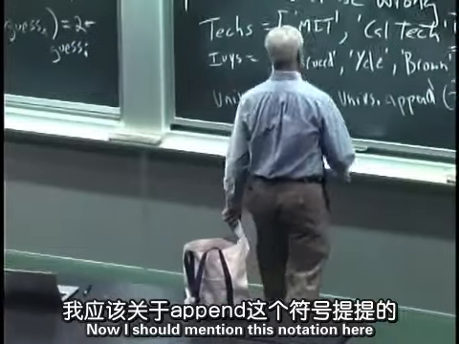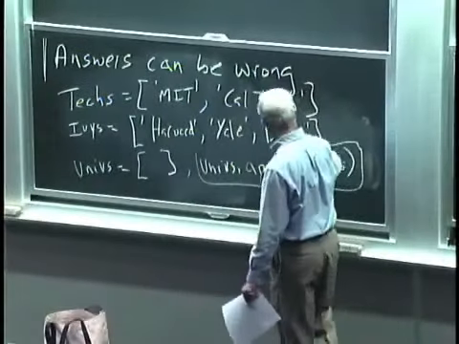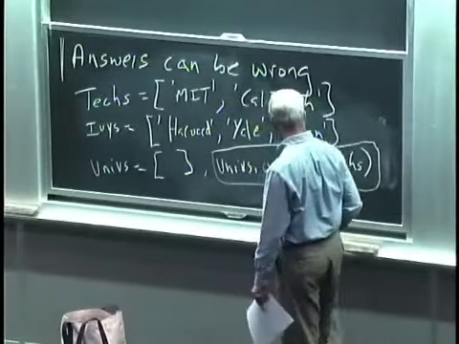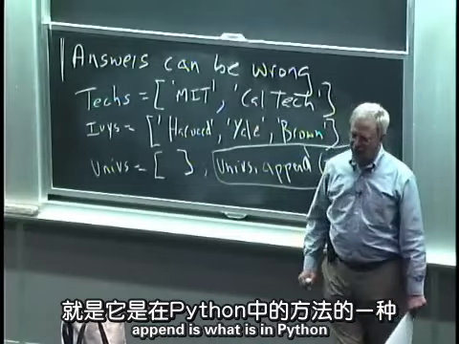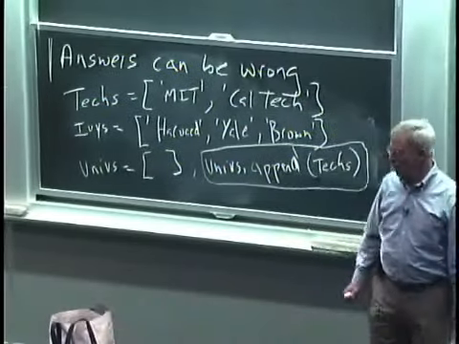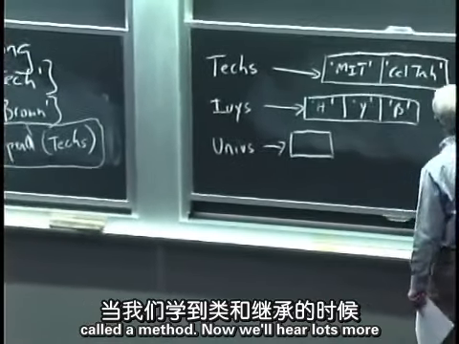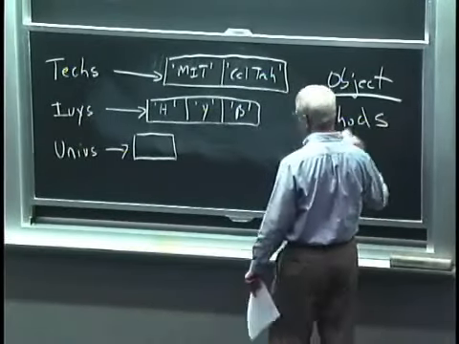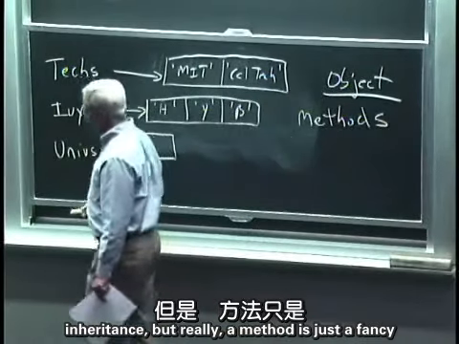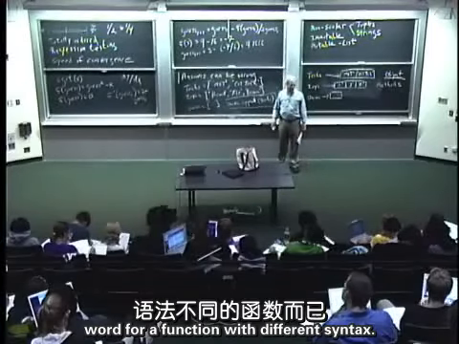Now, I should mention this notation here. Append is what is in Python called a method. We'll hear lots more about methods when we get to classes and inheritance. But really, a method is just a fancy word for a function with different syntax.